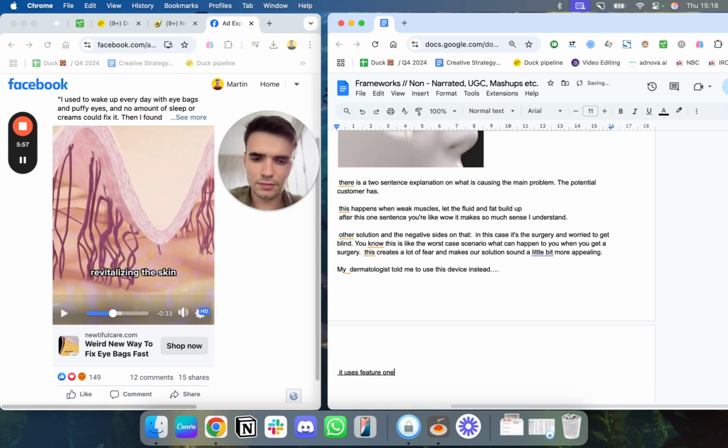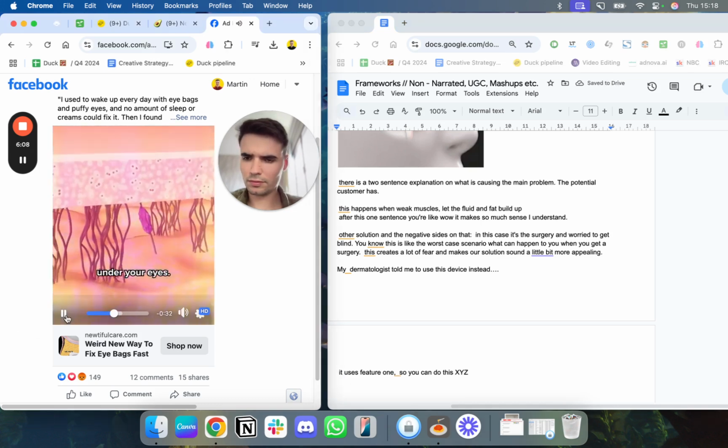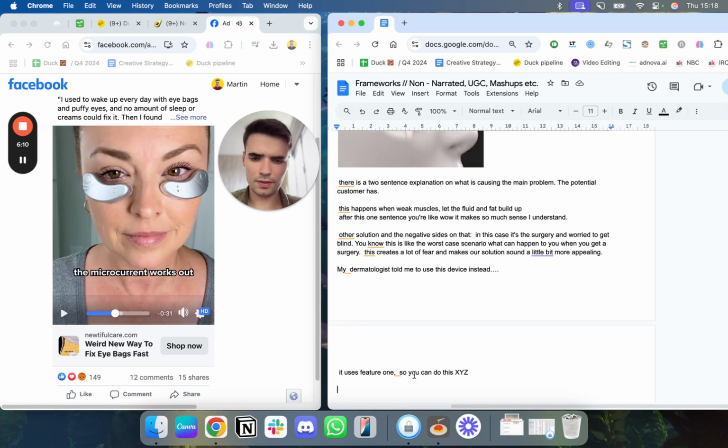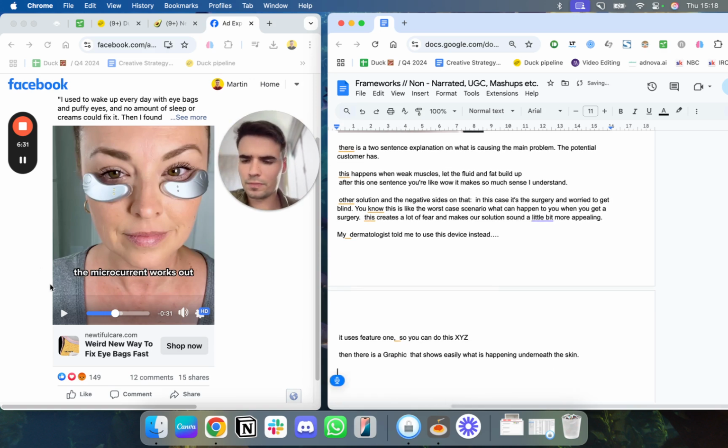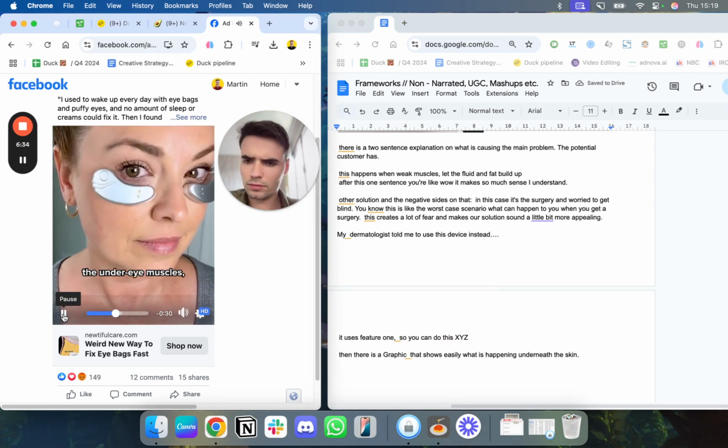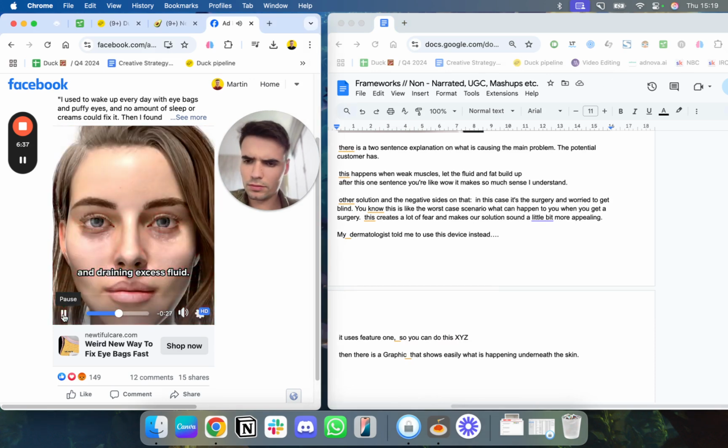So you can do this, XYZ. Plus, then there is a graphic that shows the microcurrent works out the under eye muscles, tightening the area and draining excess fluid.